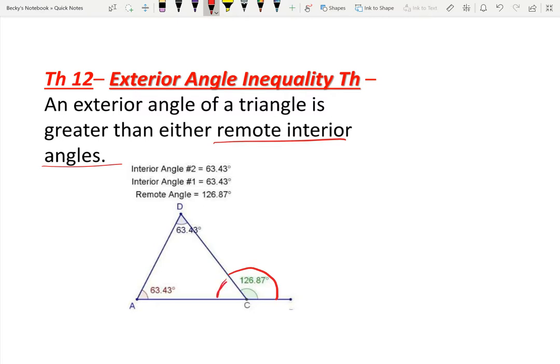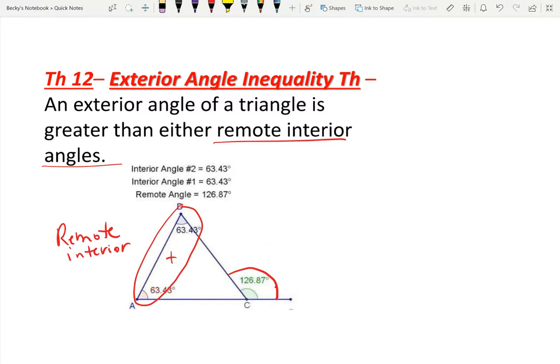The one that makes a linear pair with it, it's not far away, it's right next to it. So the other two that are further away, those are called your remote interiors. And later we're going to find out that if you add these two together, it actually equals this exterior.